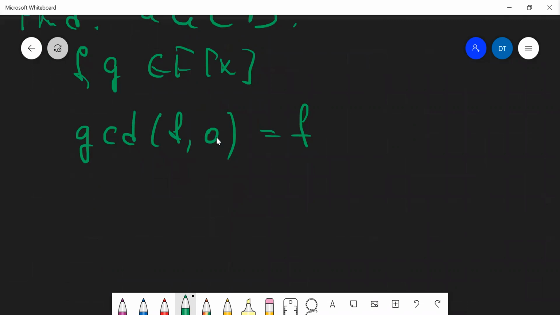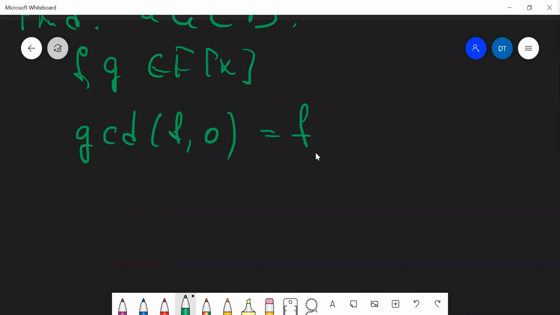Well, 0 is divisible by everything, so the set of all common divisors for f and 0 is just the set of all divisors for f. So what is the greatest divisor among all divisors for f? This is f.